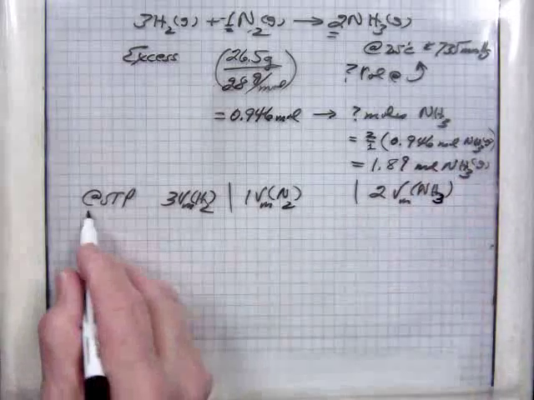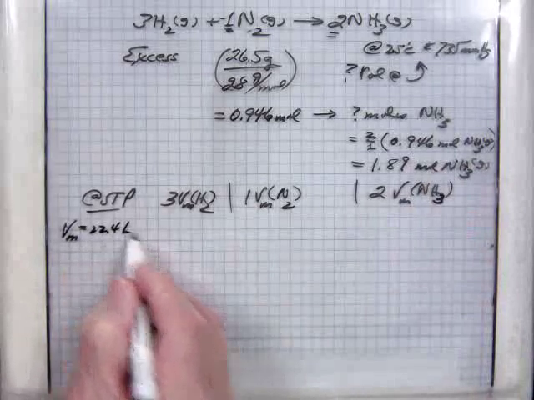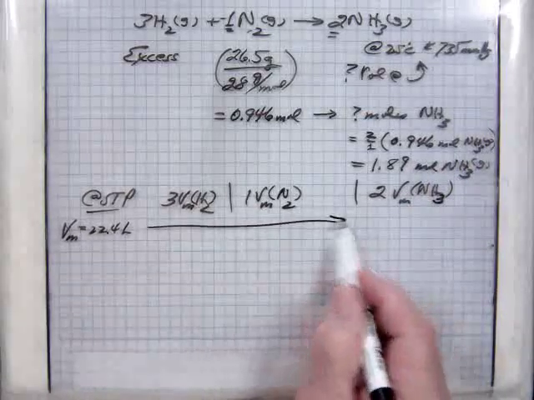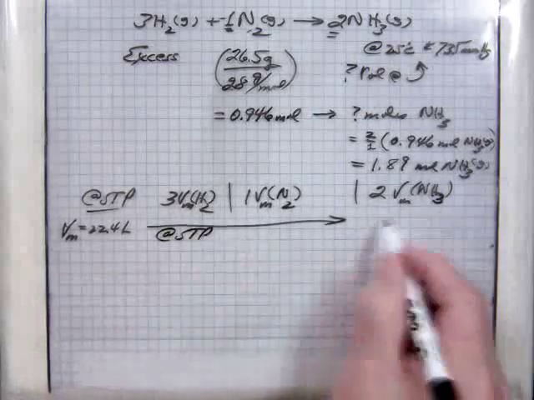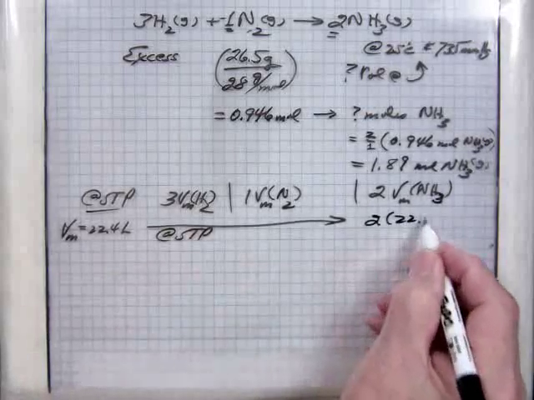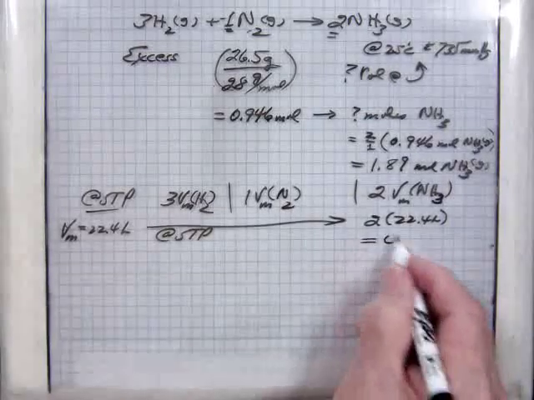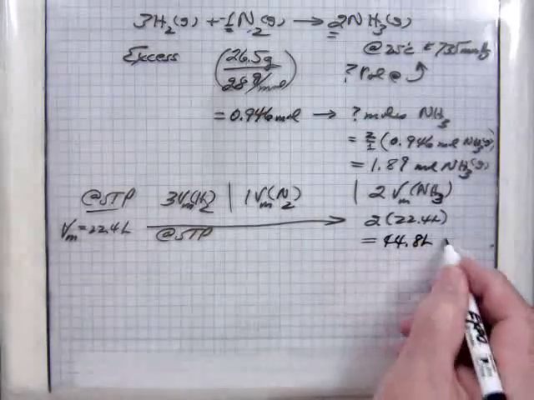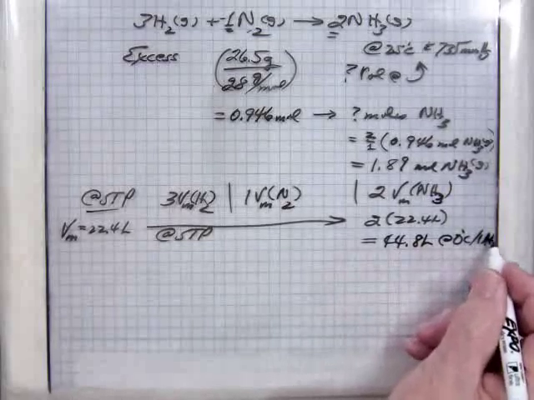So at STP, molar volume is 22.4 liters. So our answer at STP is 2 times 22.4 liters. And of course that is 44.8 liters at 0 degrees Celsius and 1 atmosphere.